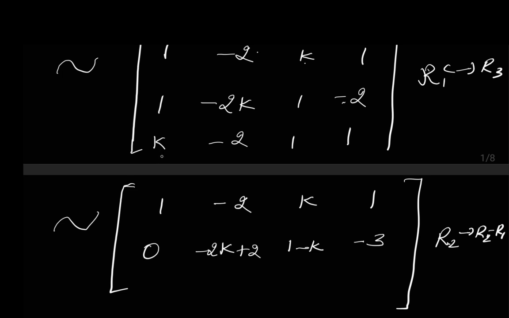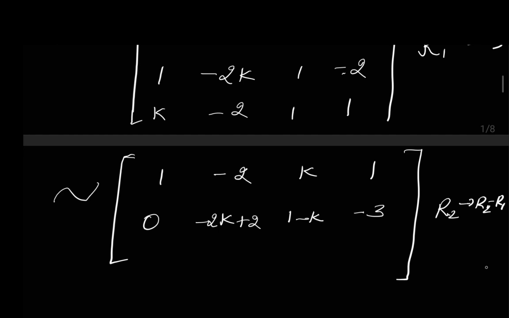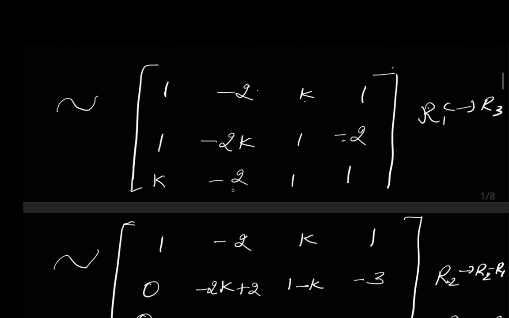Next, the third row, first element here is k. I want to replace this with 0. So, you compare it with R1. I multiply R1 by k and subtract it from R3. So, k minus k is 0. This is minus 2.